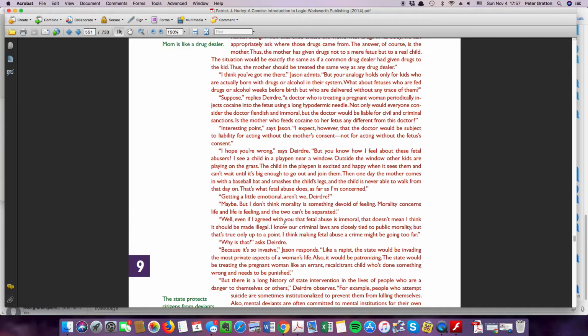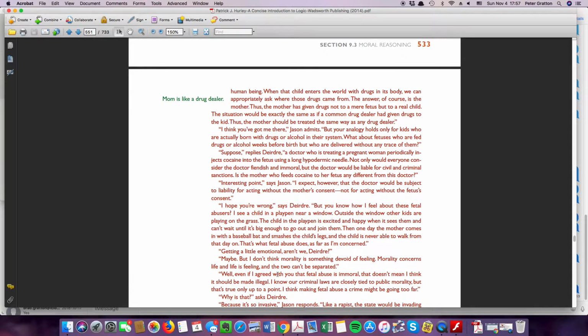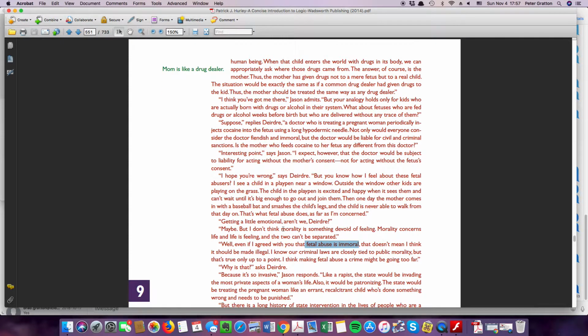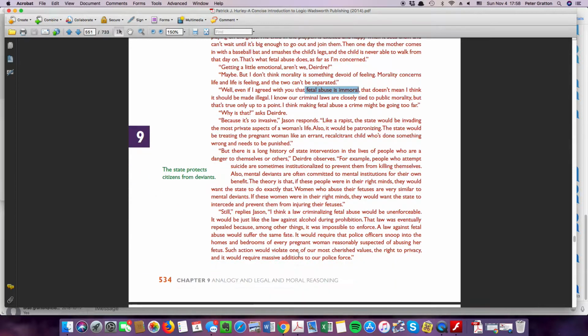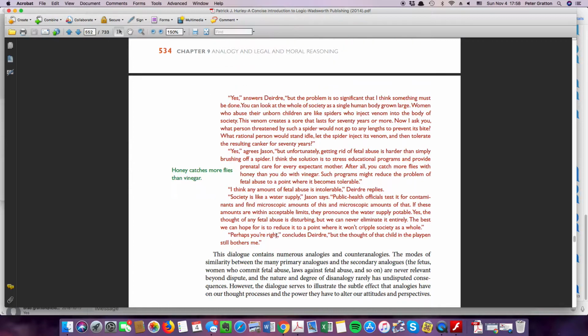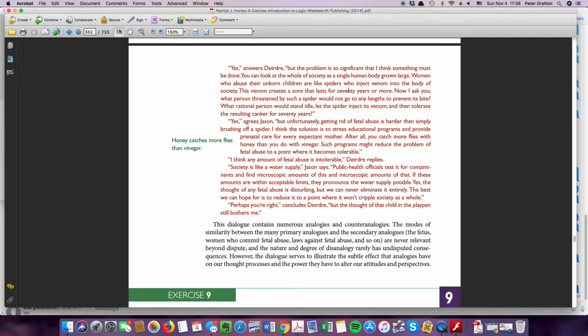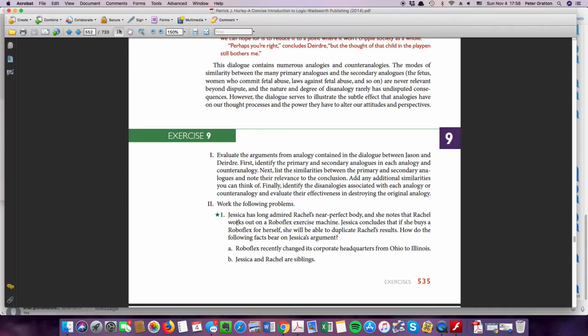For example, people who talk about the morality of fetal abuse are obviously making an analogy between the fetus and a child. And just as we would not accept the abuse of a child, we should not accept the abuse of a fetus. And so this section is basically all about analogies and then counter analogies, and then we get the exercises.